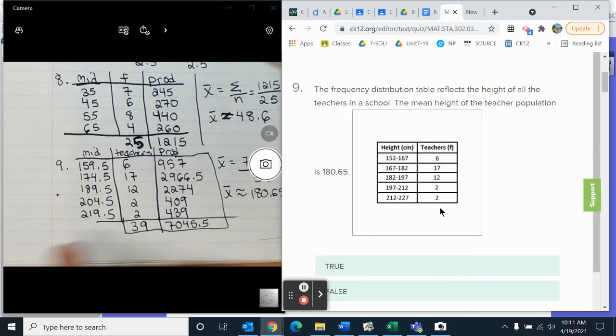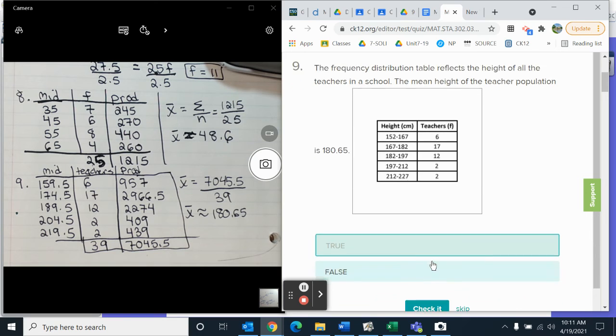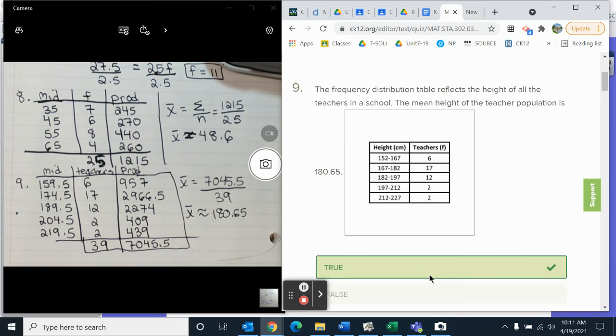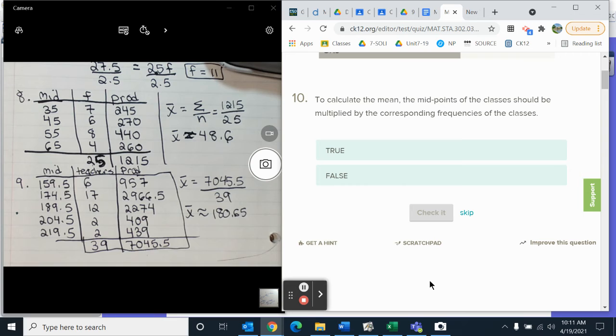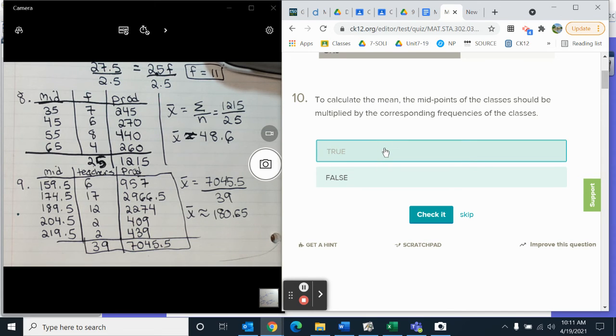So this is, my apologies, this is true. To calculate the mean, the midpoints of the classes should be multiplied by the corresponding frequencies of the classes. And that is true. And that's why we've created this product column to keep track of all of those multiplied frequencies and midpoints.